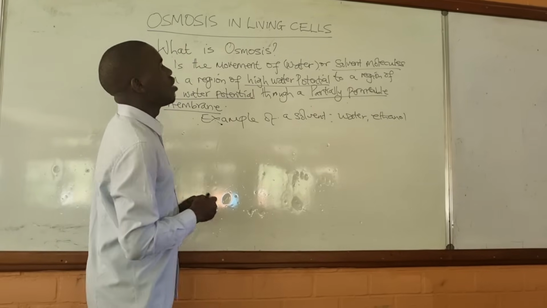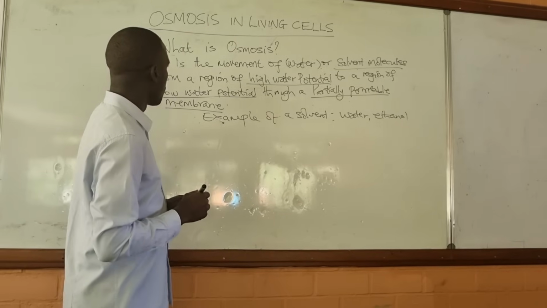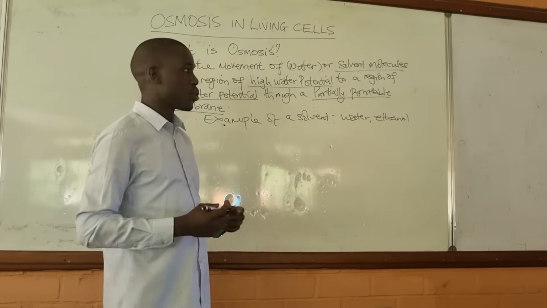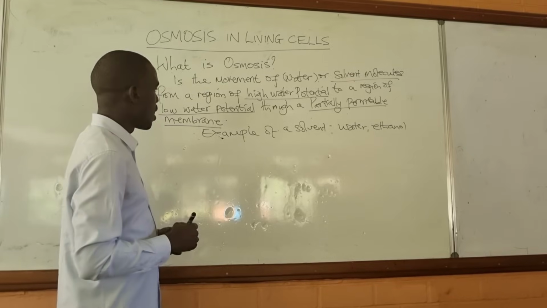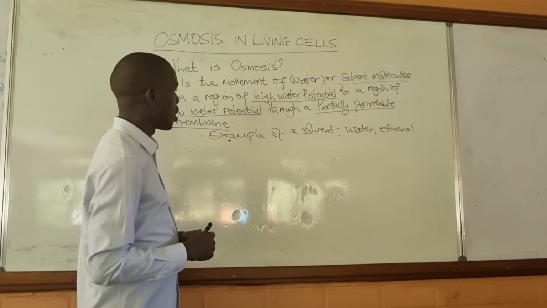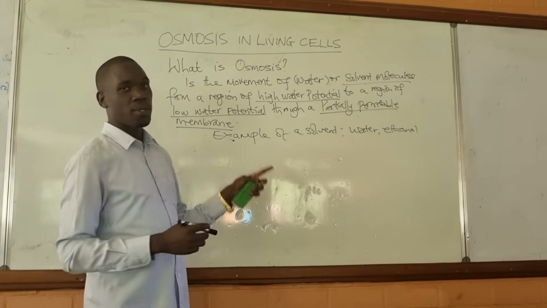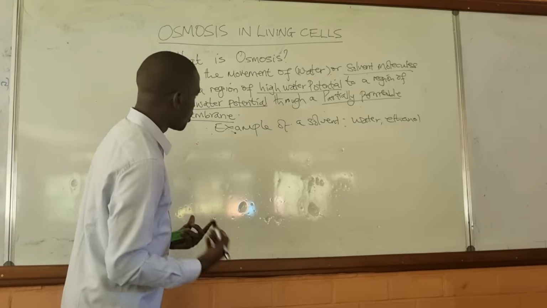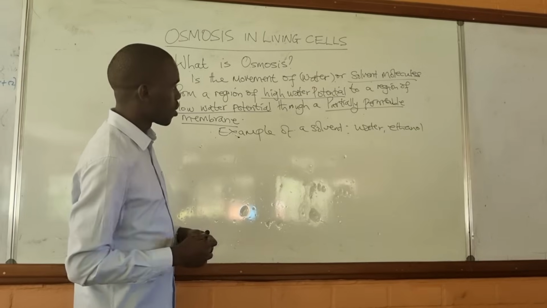So that is for solvent molecules. Now, what is the meaning of high water potential? High water potential means an area that has more water molecules. Then, low water potential means an area that has few water molecules.